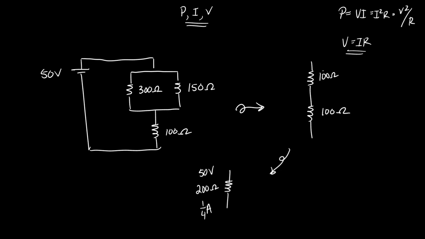But if I'm going to take the time to do it, when you step back to series, series has the same current. So 1/4 of an amp here, 1/4 of an amp here. That means 25 volts and 25 volts.